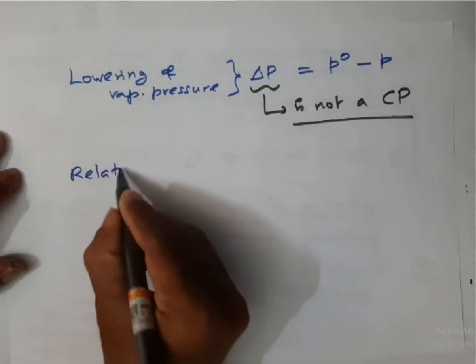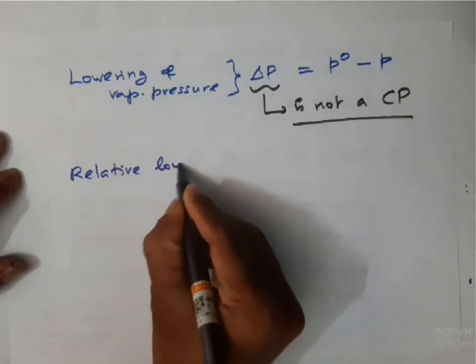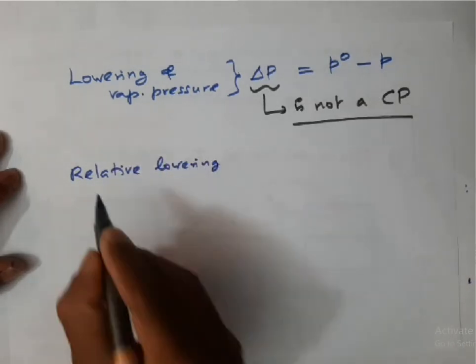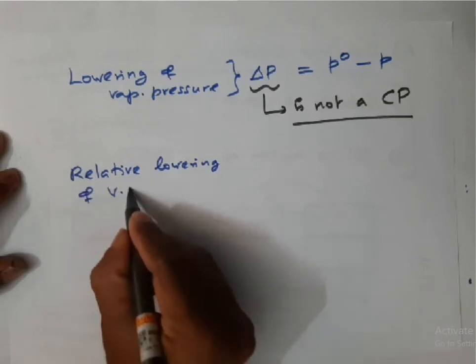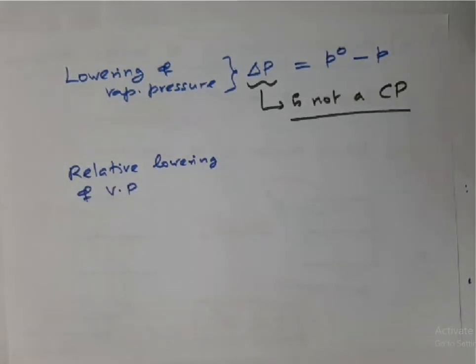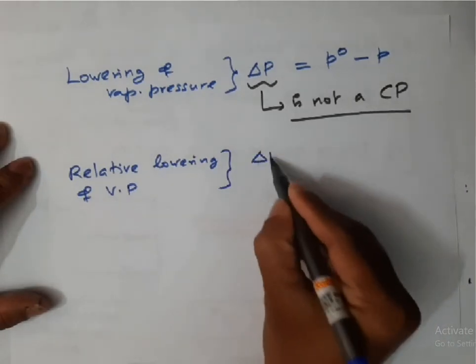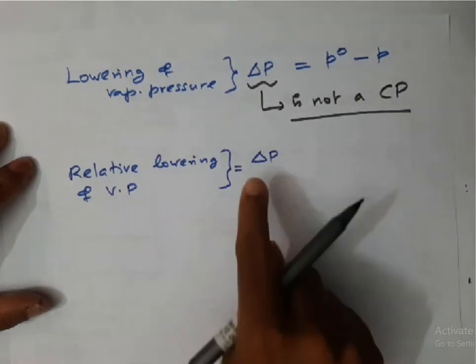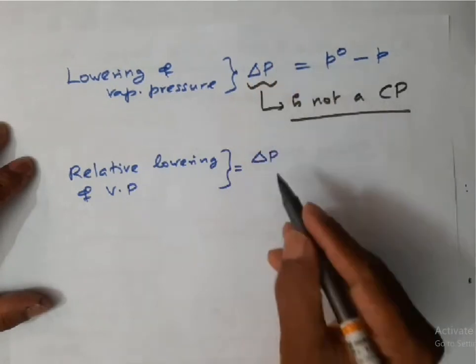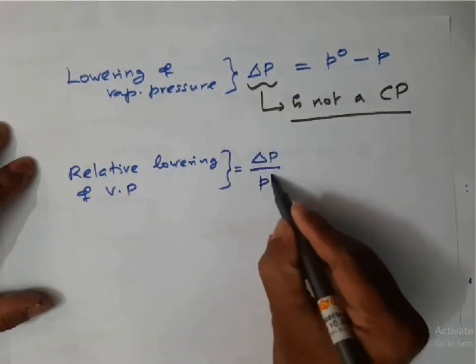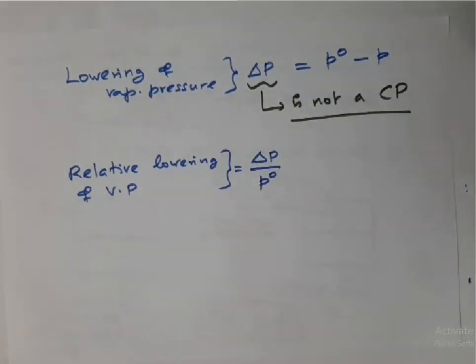Relative lowering of vapor pressure. What is meant by that? It is nothing but lowering of vapor pressure, delta P, divided by vapor pressure of pure solvent. Students, observe this carefully.